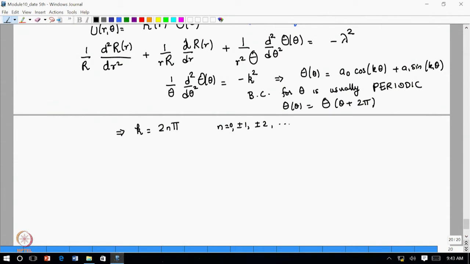So, k has to be an integer multiple of 2 n pi, and you can write the solutions.